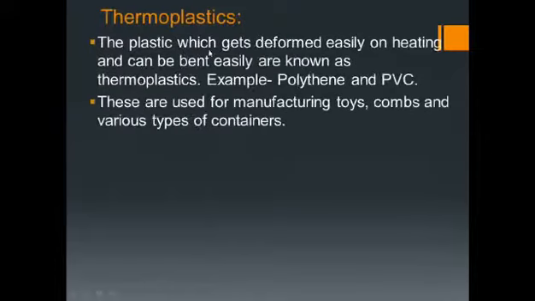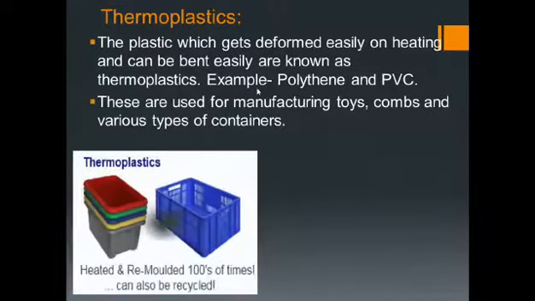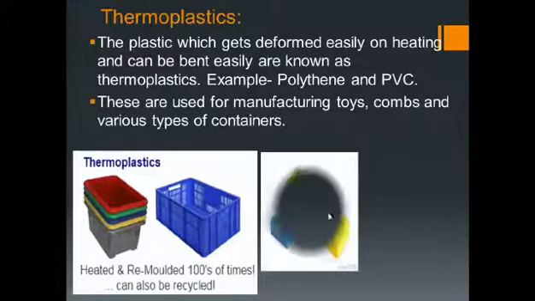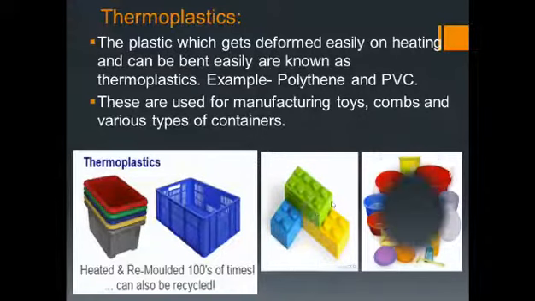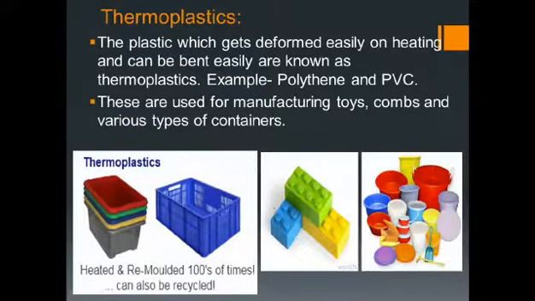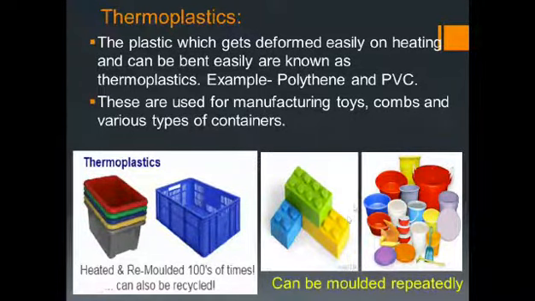The plastics which get deformed easily on heating and can be bent easily are known as thermoplastics. Examples are polythene and PVC. These are used for manufacturing toys, homes, and various types of containers. These can be molded repeatedly.